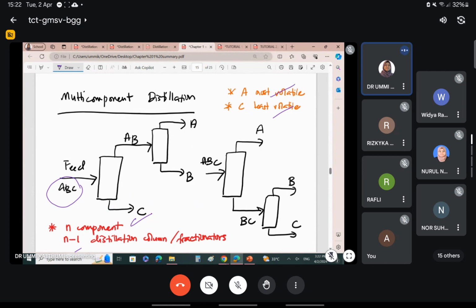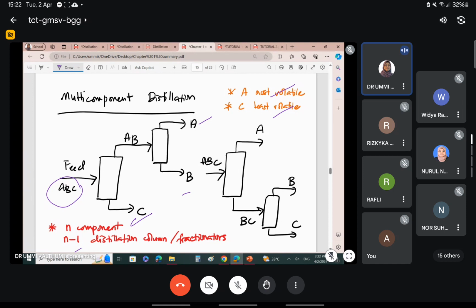So B is in the middle. It can come out at the top or at the bottom, depending on the boiling point. Let's say ABC enters, the top product is A and B. So we have to separate A and B again. A will come out at the top, B at the bottom. So we have 3 components and 2 distillation columns.